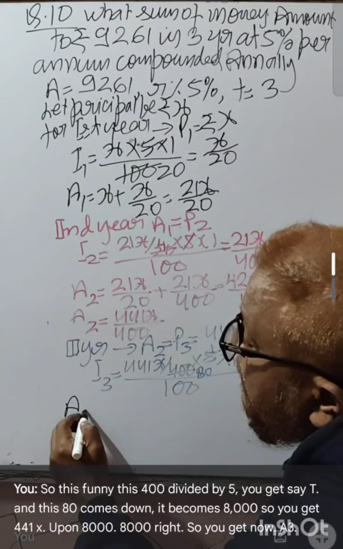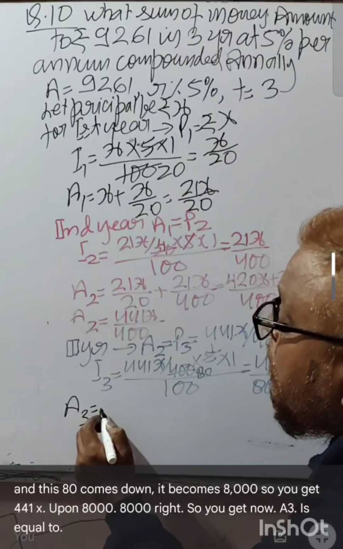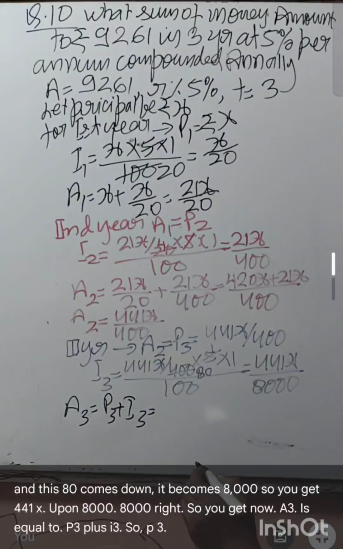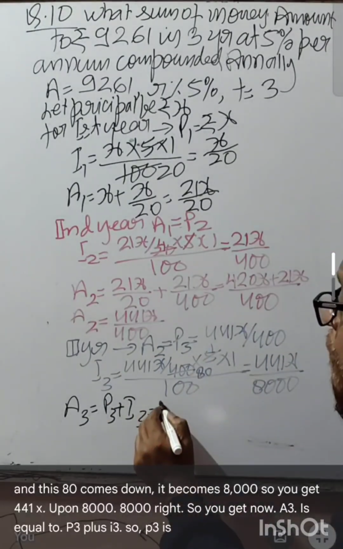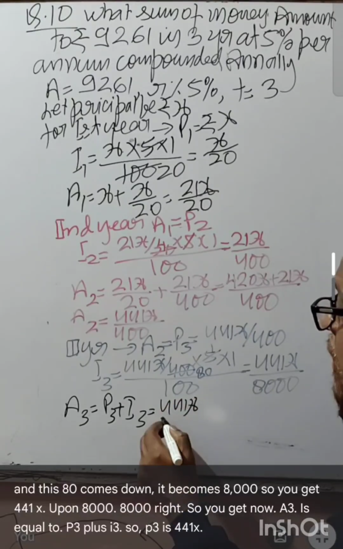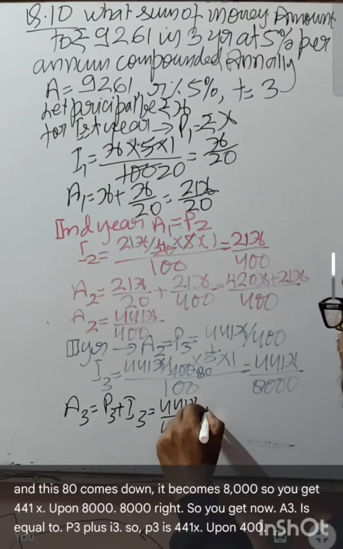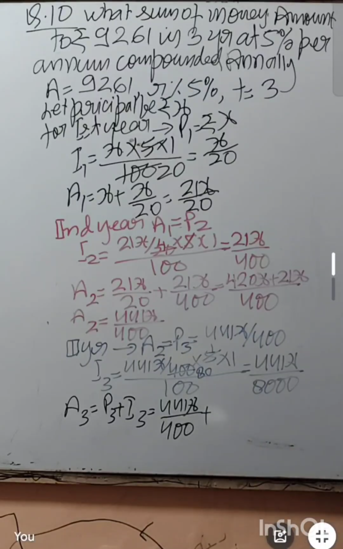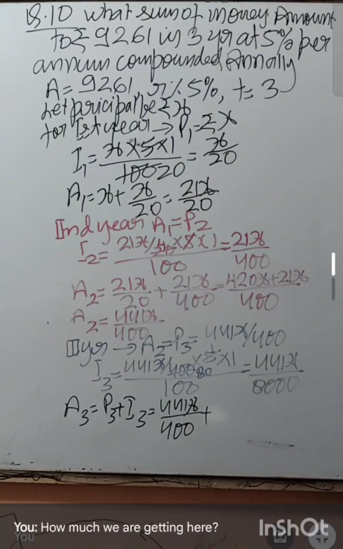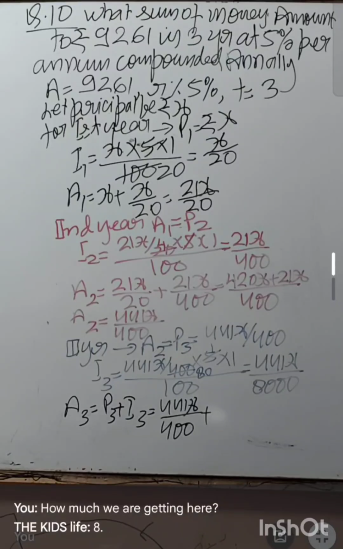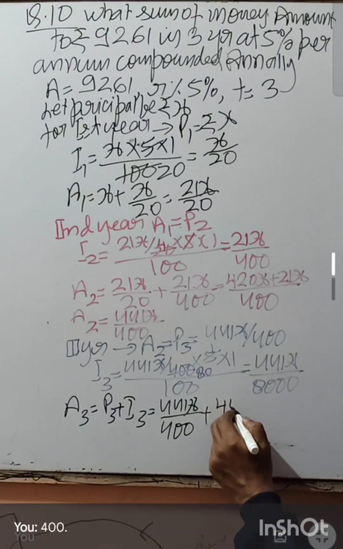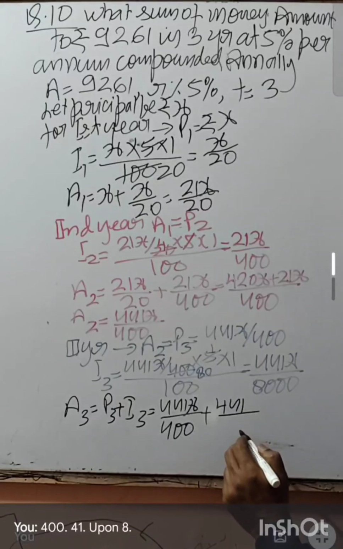So now A3 is equal to P3 plus I3. P3 is 441x upon 400 plus 441x upon 8,000.